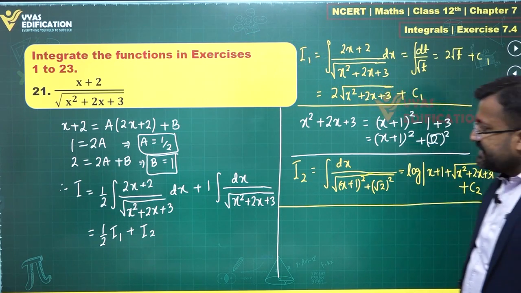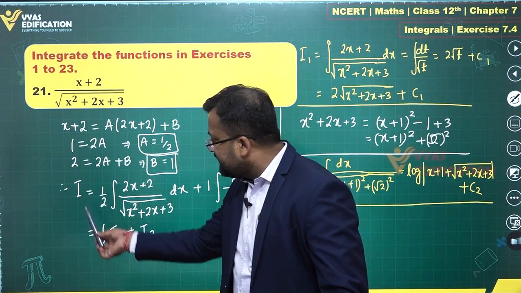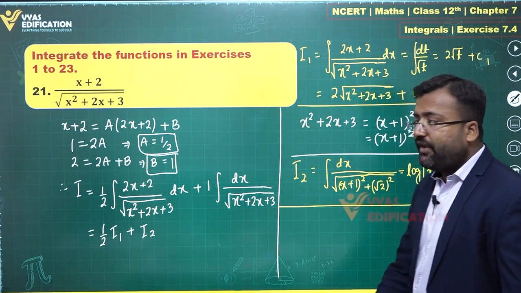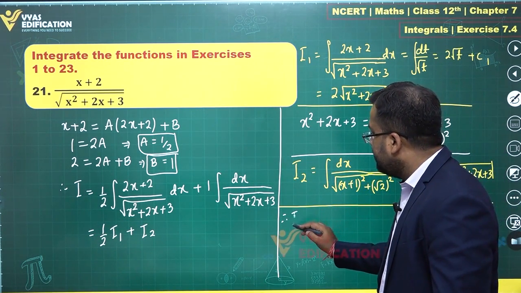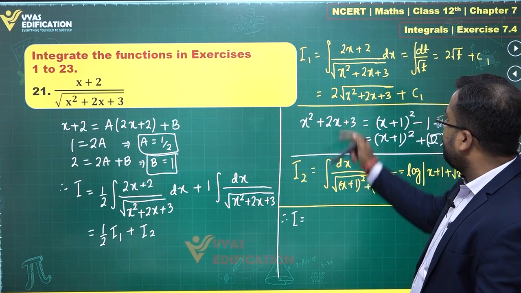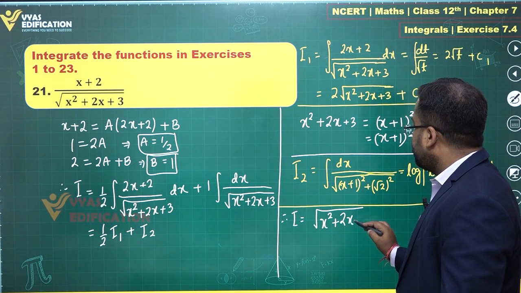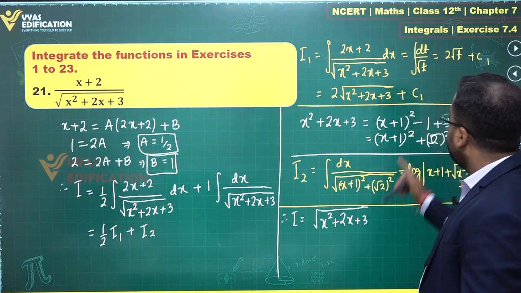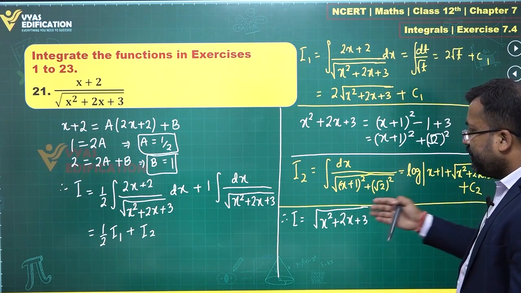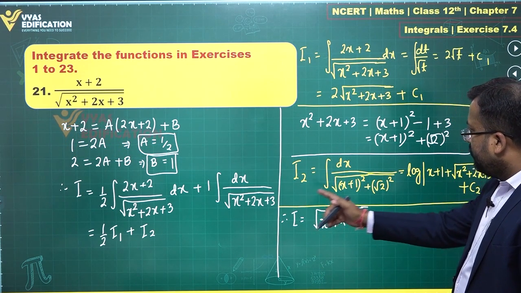Next, the only thing that remains is to write the value of I in terms of I1 and I2. Therefore, I is equal to half of I1, half of this, which is under root of x square plus 2x plus 3. Half C1 and this C2 will combine together to give us C. But what about I2?